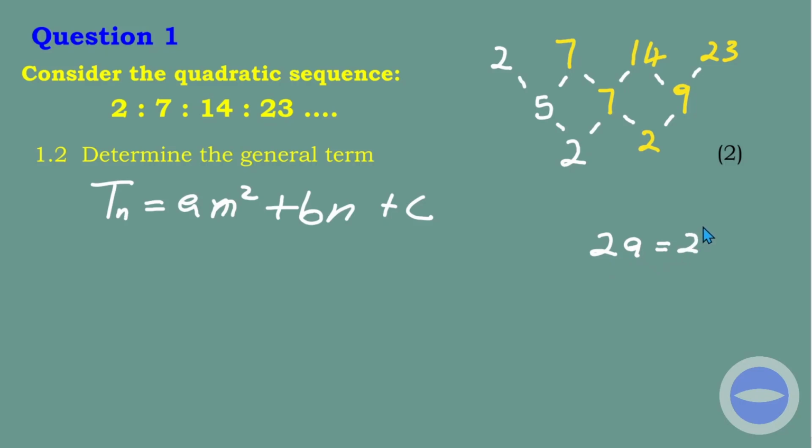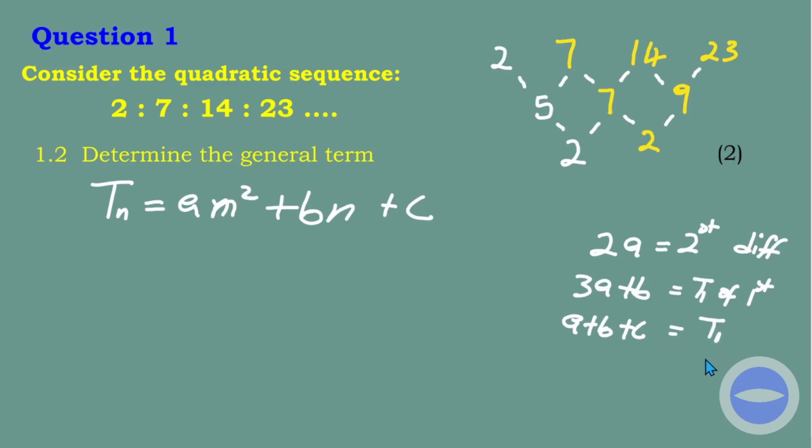We know that the second difference is always common in a quadratic sequence. Then 3a plus b is equal to the first term of the first differences, T1 of the first difference. Then a plus b plus c is equal to the first term of the sequence, T1.